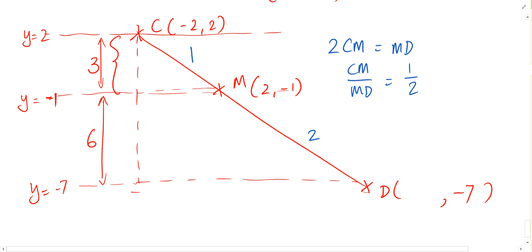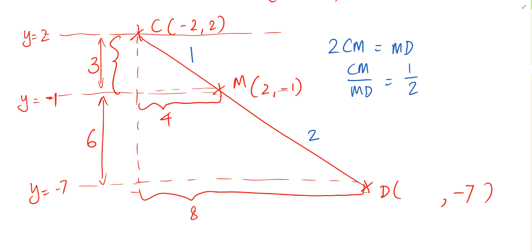Let's use the length this time. What is the length over here? 4. Who doesn't know why 4? Okay, if this is 4, then how much is this? 8. Are you sure? Yes. The ratio for this part to this part is 1:2.